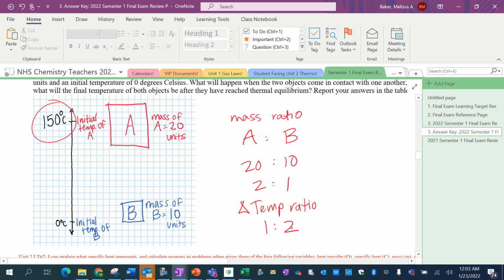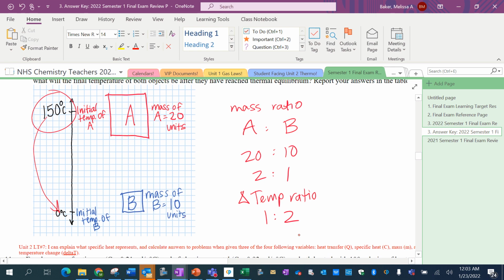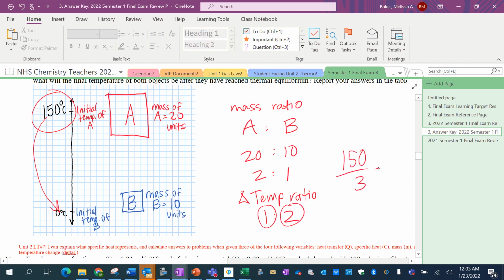But it's 150 degrees difference, 150 to 0. So what is a 1 to 2 ratio within that? So let's add 2 plus 1 is 3. Let's do 150 divided by 3. It's 50. So that means it'll be 50 to 100.